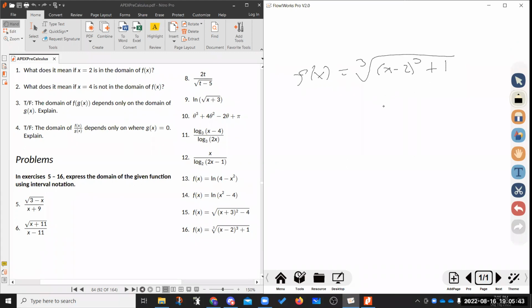We can have positives or negatives in there. So my domain here is going to be all real numbers. There's no restrictions on this when I simplify it. It's a function that has a domain of all real numbers, its intersection is going to be all real numbers.